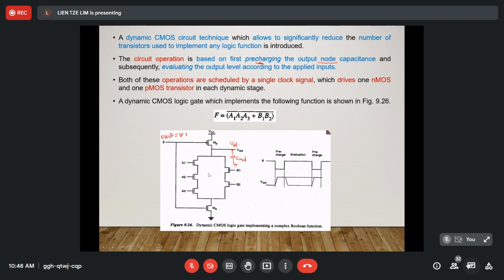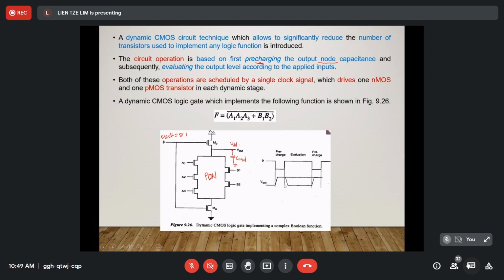Okay, we consider this dynamic CMOS logic circuit that implements a complex Boolean function. This is actually the pull down network. When I say pull down network, later you will know. When I explain the domino logic circuit, you will know why this is a pull down network.